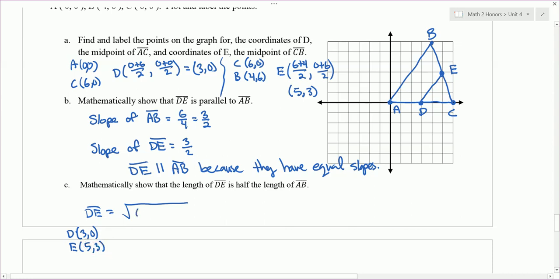So we subtract our x coordinates, it doesn't matter which order. I'll do 5 minus 3 squared plus, subtract your y coordinates, 3 minus 0 squared, and then simplify that. 5 minus 3 is 2, so you get 2 squared plus 3 squared, which is the square root of 4 plus 9, or the square root of 13.